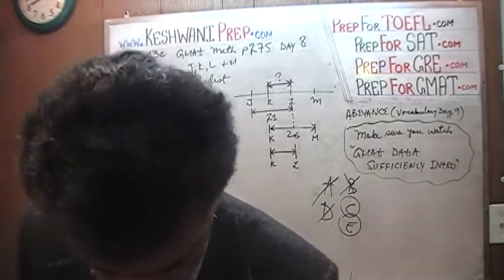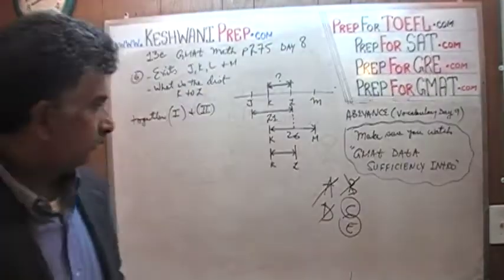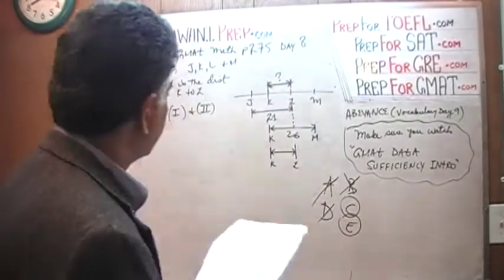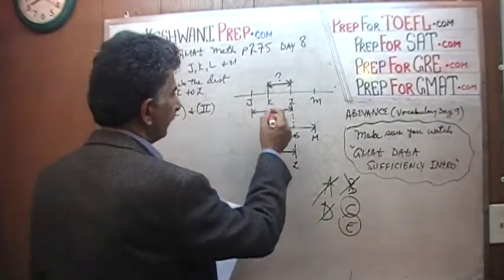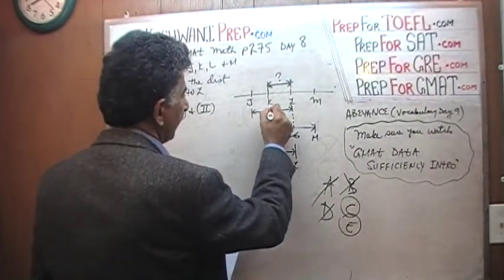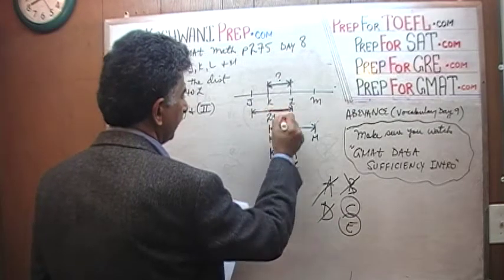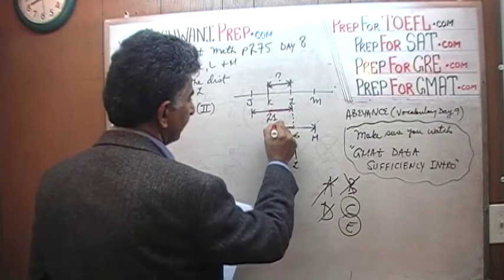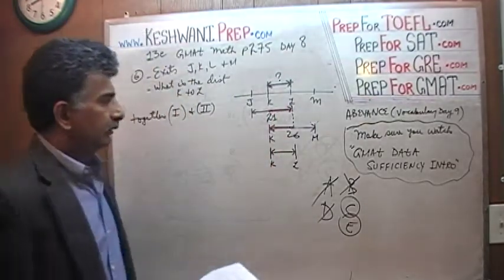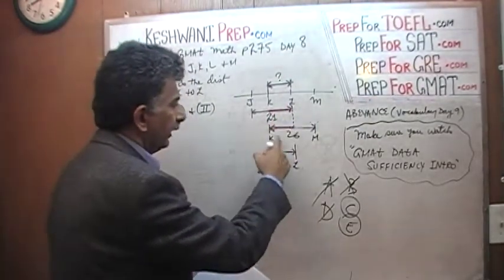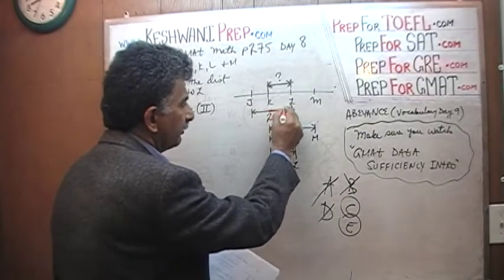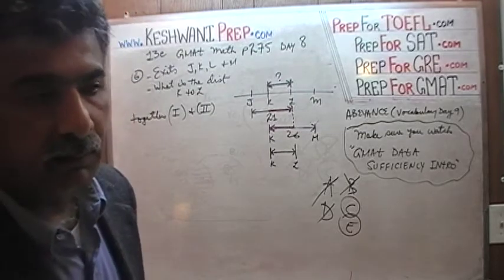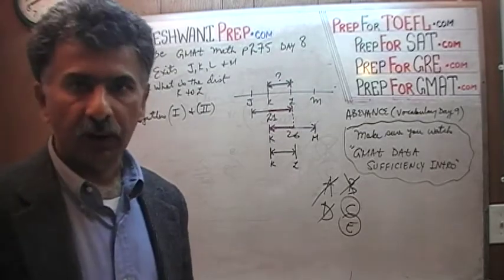Here's what's going on. What we do not know is how much of this is overlap. This part here, from here to here, is the distance that overlaps between J to L and K to M. We do not know how much of that distance is the common distance, the overlapping distance, if you like.